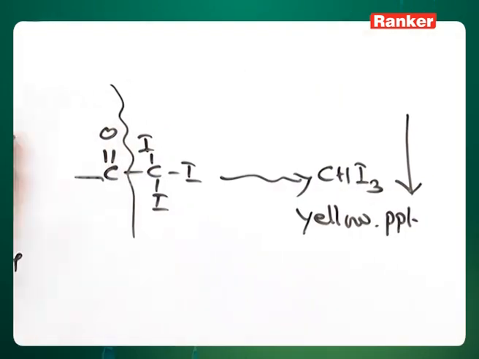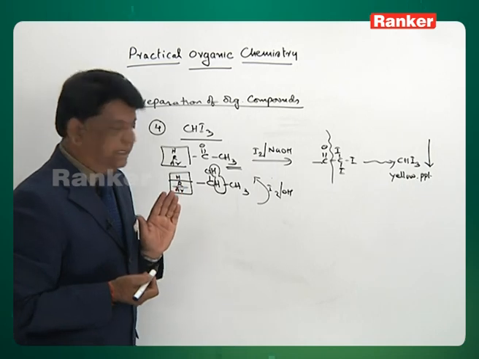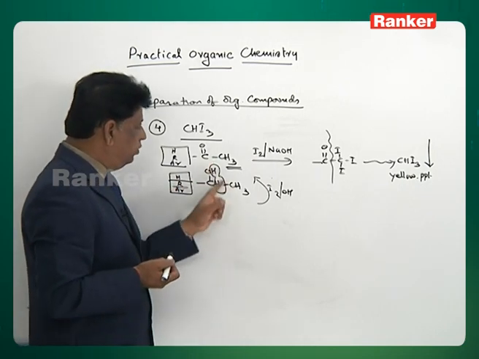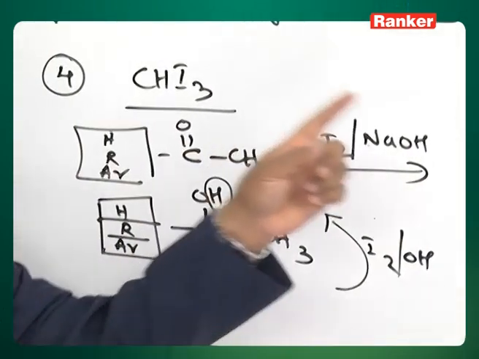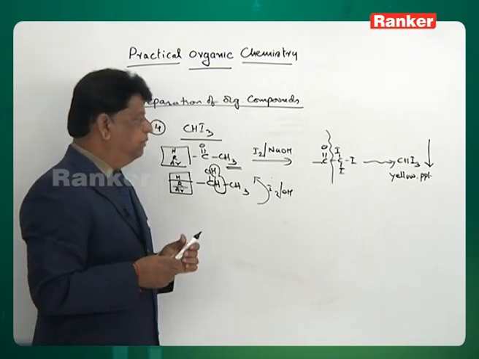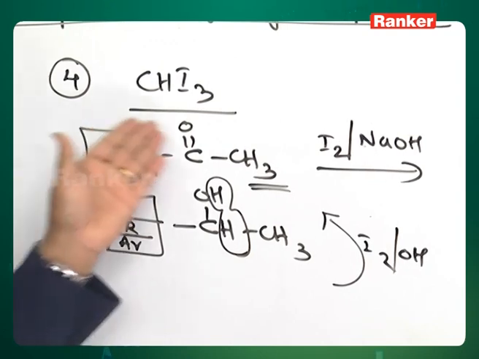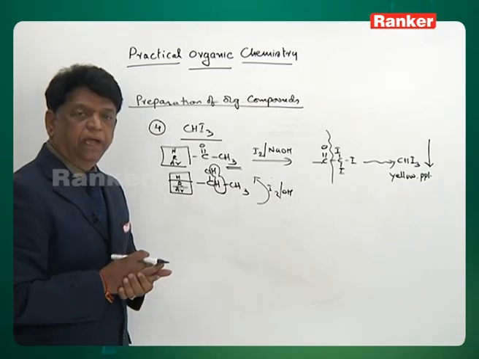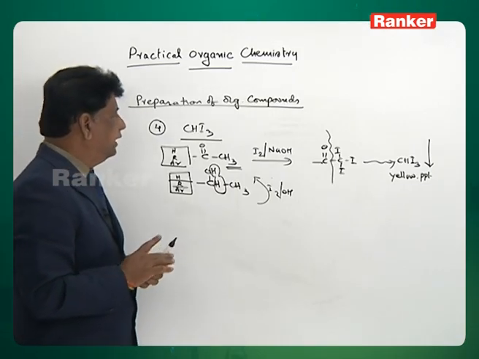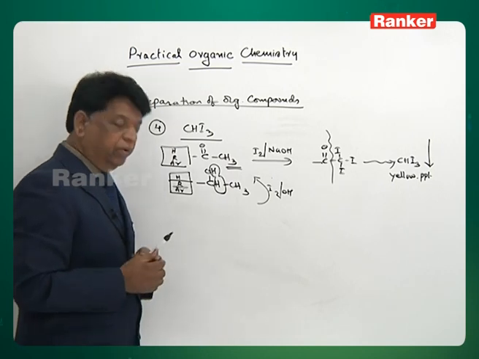This side you will get the corresponding acid salt detached. So, this CH3 group is going to convert into iodoform. It is a commercial method of preparation of iodoform from acetophenone or from acetone. You can prepare iodoform. This is one of the organic compounds suggested.